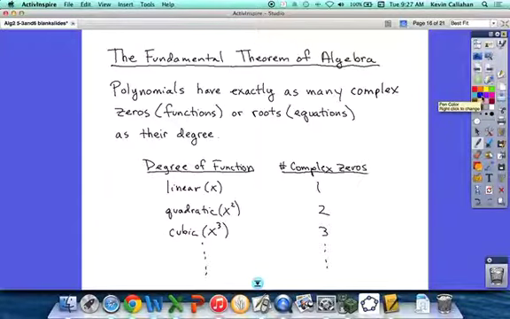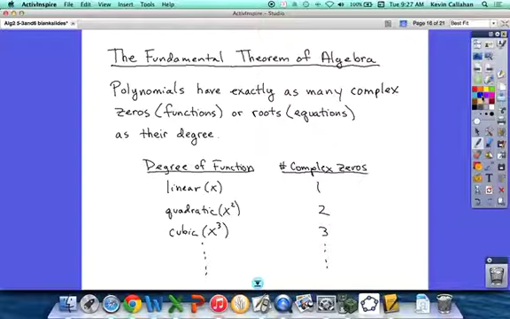Now the distinction between these two words, roots and zeros: zeros are for functions. Zeros are the values of x that make the graph hit the x-axis, make the y equal 0. When you don't have a y in an equation, then it's called a root. They're used interchangeably, and I would guess that about half the people don't even know why they use two different words, but that's where it comes from.